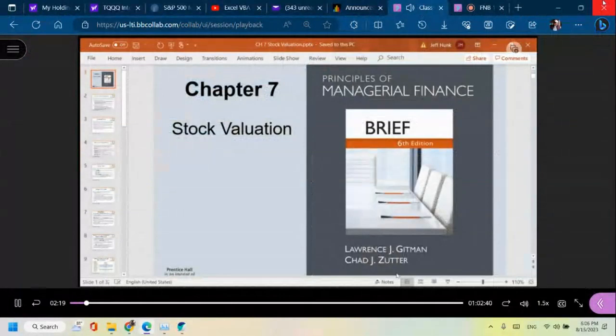With the stock valuation from today's lecture, once valuation models are completely covered, then we're going to return to the risk topics again. Okay? So first of all, this is the PowerPoint file posted in our temporary lecture notes folder.